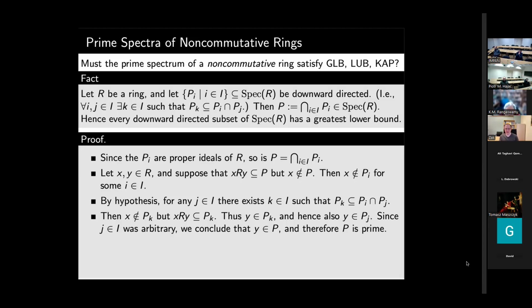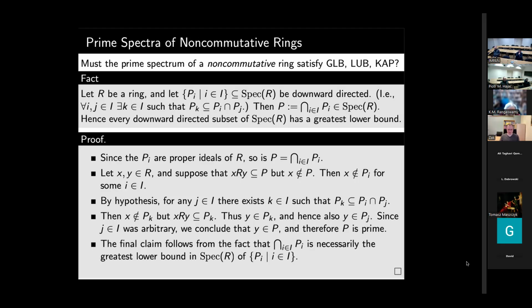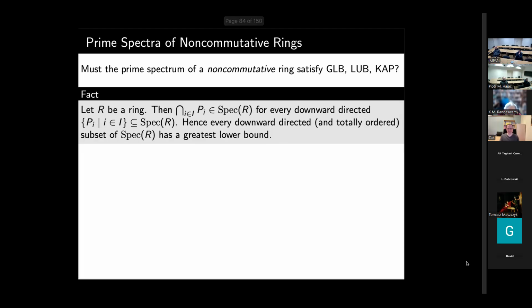And so then y is contained in P_j, but P_j was arbitrary, and so the whole intersection has to contain y. And so it's prime. And then we're done. Okay. So I like that argument. So that was the greatest lower bound condition. That carries over to non-commutative rings.